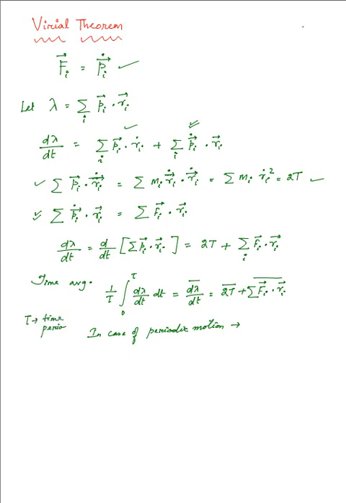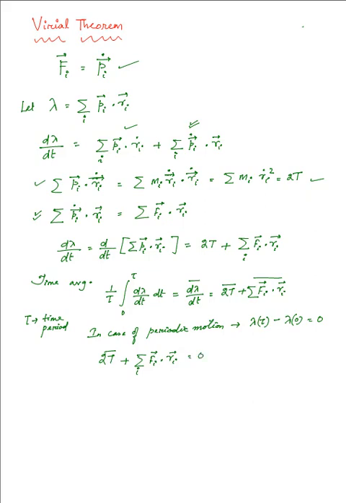So because we are taking the limits from 0 to tau, the expression that we are going to get, that is lambda of tau minus lambda of 0, is going to end up with a 0, of course. And so we have 2T bar plus the summation over i of F_i dot r_i equal to 0.